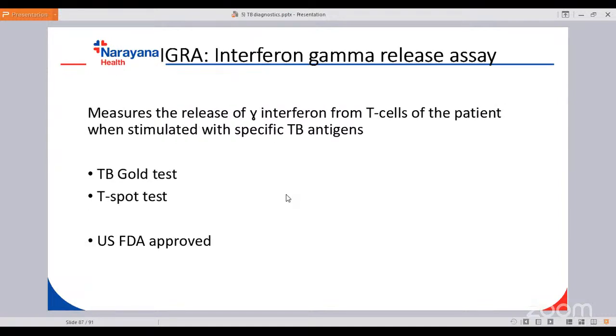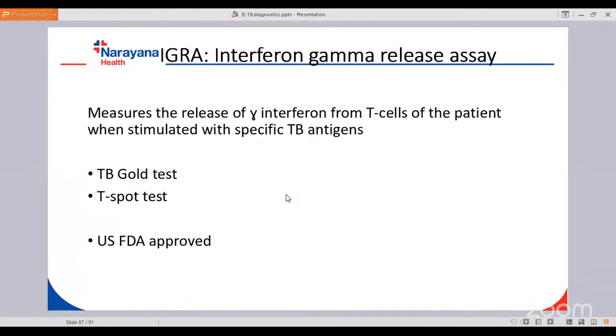Coming to a test which is used, abused, misused by a lot of people, the IGRA test, typically known as the TB Gold test. What does the IGRA test do? A patient who's either infected with TB or diseased with TB will have T cells with some memory of the TB antigen.